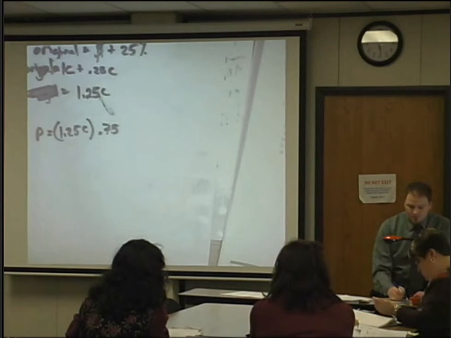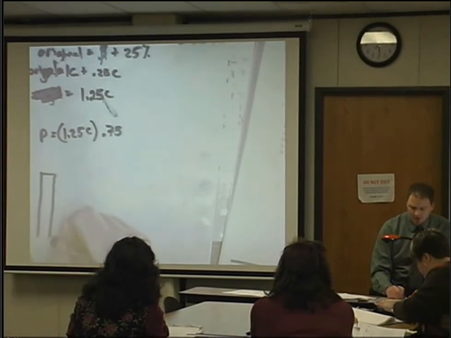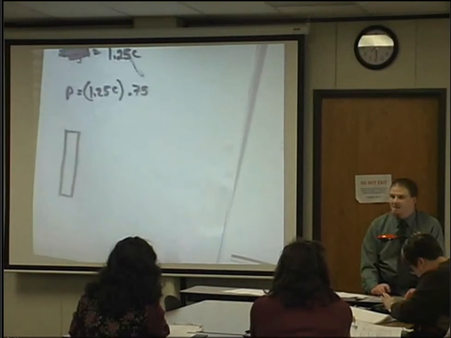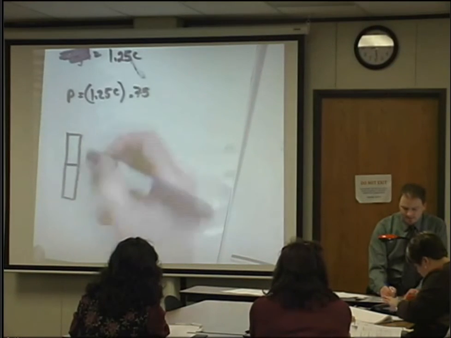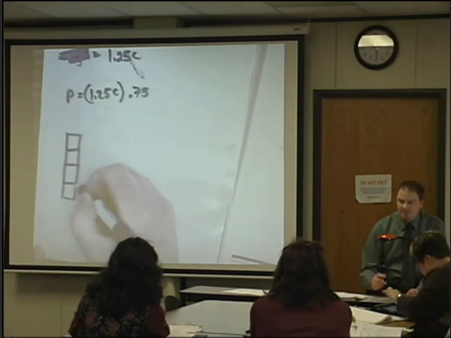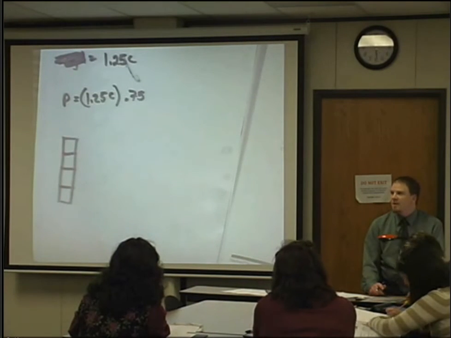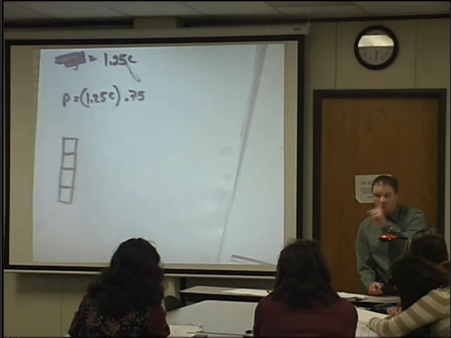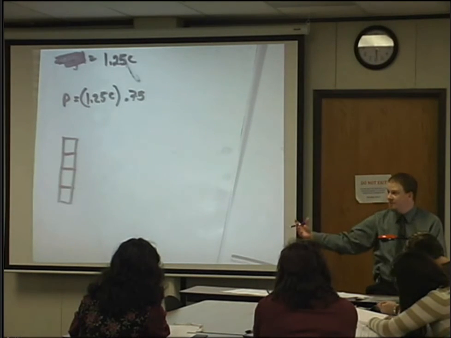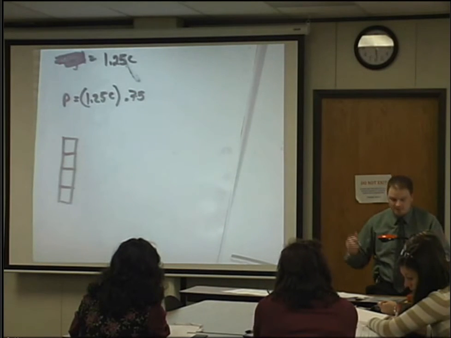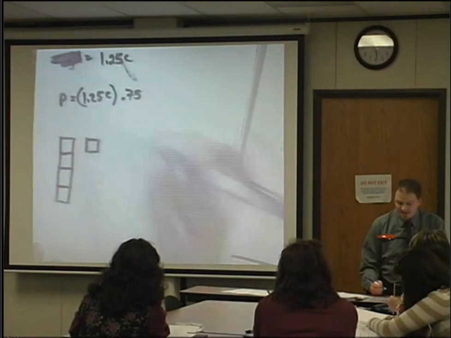One thing that I would do if I was having a hard time with the question is start off and say that is my original price. Now I'm going to divide it into 4 equal pieces. I know that 25%, which is 1/4 of it, is what they add on at the dealership. They got to mark it up. They got to make a profit. So that's that piece there.